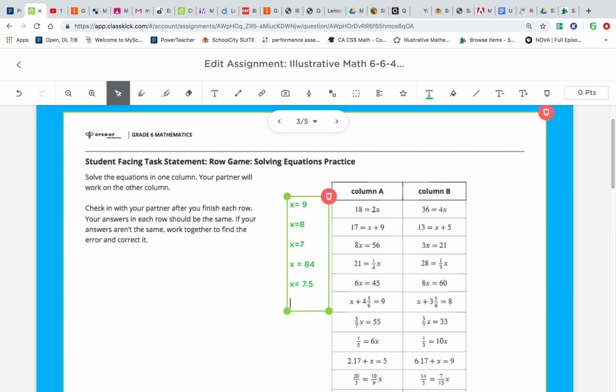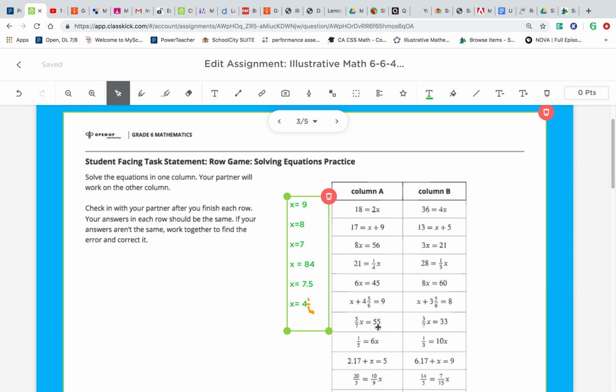In either case, you're going to end up getting x equals 4 and 1/6. So let me actually draw the 1/6 then here. 4 and 1/6. Okay.